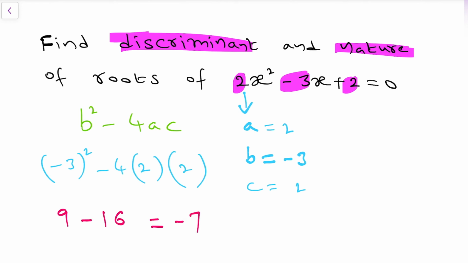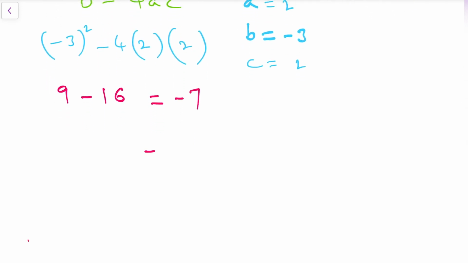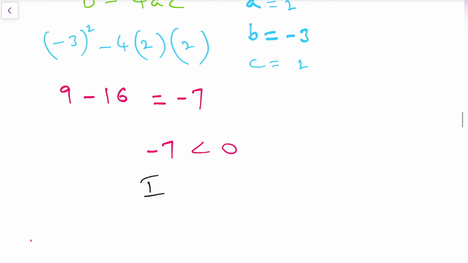So the discriminant of the given quadratic equation is minus 7. The question is asking to find the nature also. So we need to compare this discriminant. Here the discriminant is minus 7, which is less than 0. If the b² - 4ac value is less than 0, then the nature of the roots is imaginary.